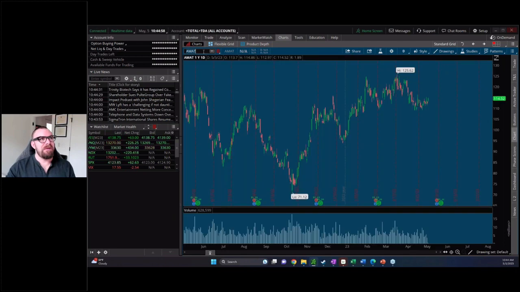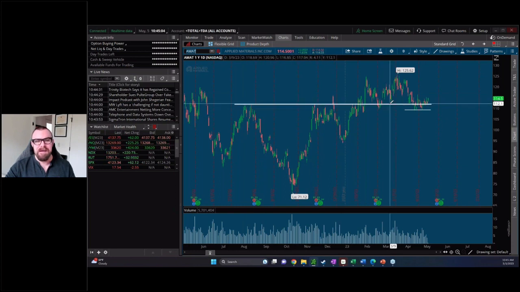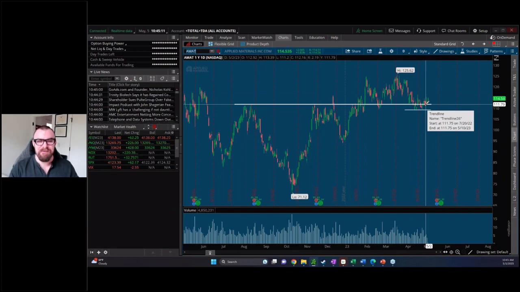AMAT is a trade that's been really difficult to work with because if we look at this, I can only draw one support line right here, one trend line. And even then, we've been channeling around that trend line. It's been really difficult overall. So when you're getting into a trade, know that the stock's telling you its personality before you enter. When you're looking at something and going backwards over the last year, it's showing you, I'm a volatile trade, or I'm not a predictable trade, or things like that.